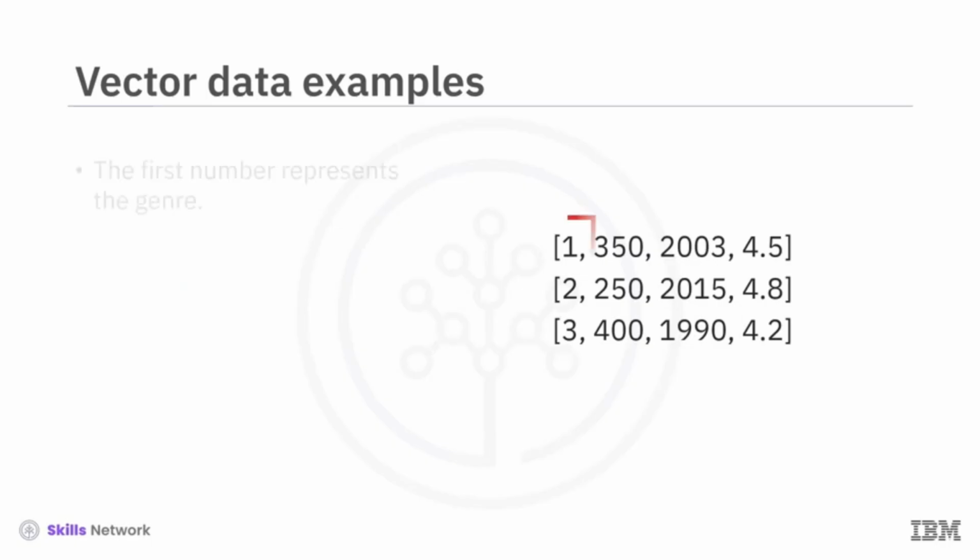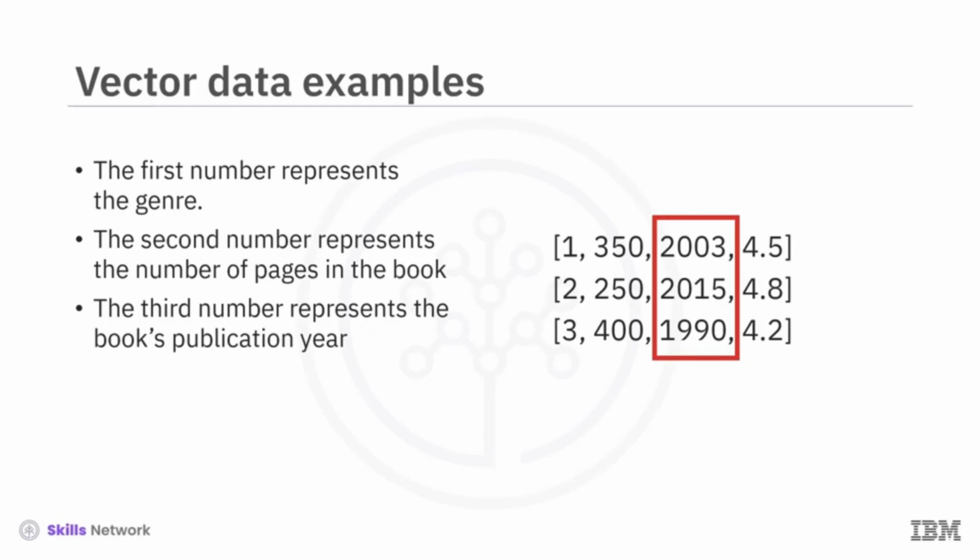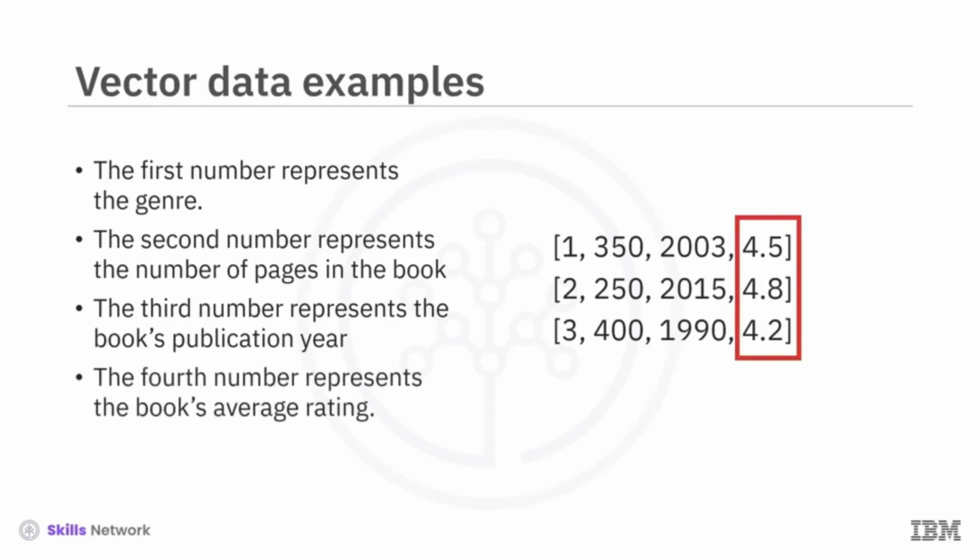Here, the first number represents the genre. For example, the number 1 is for fiction, the number 2 is for nonfiction, and the number 3 is for science fiction. The second number represents the number of pages in the book. The third number represents the book's publication year, and the fourth number represents the book's average rating.